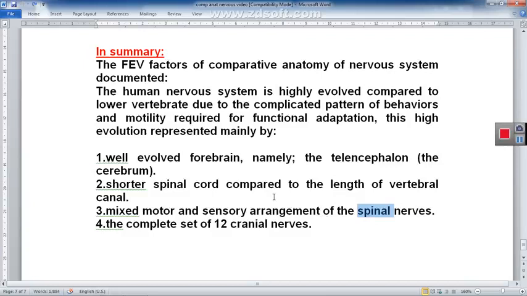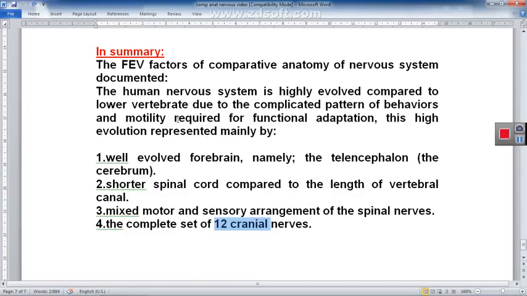And the last point is that the full set of 12 cranial nerves is seen in the nervous system of a human, also due to a complicated pattern of behavior and motility functional requirements that necessitate the presence of a full set of 12 cranial nerves.